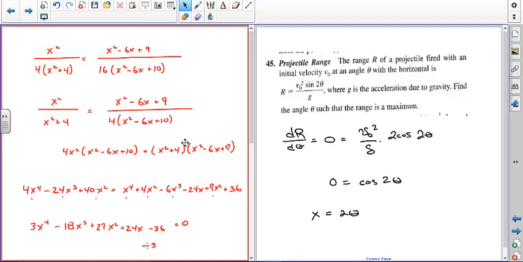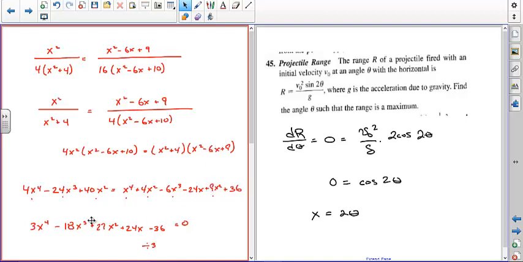So x times x squared is x to the fourth, and then 4 times x squared is 4x squared. Then x squared times negative 6x is negative 6x cubed, and 4 times negative 6x is negative 24x. Then x squared times 9 is 9x squared, and 4 times 9 is 36. So that's this side multiplied out.